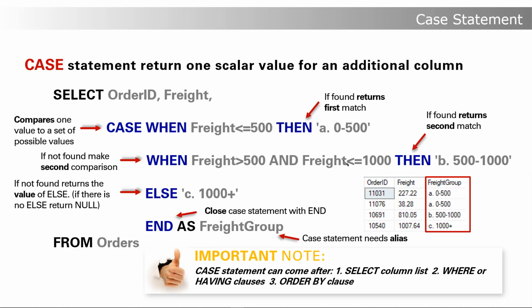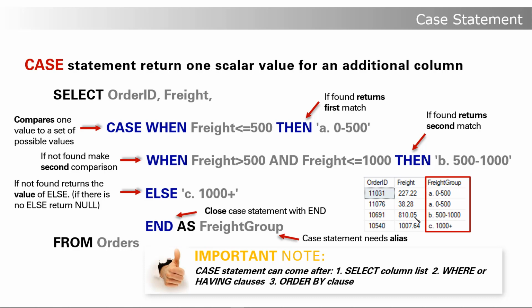If we don't find it, we go to the second condition. When freight is higher than 500 and freight is lower or equal to 1000, so between 500 and 1000, then let's call it B, 500 till 1000.